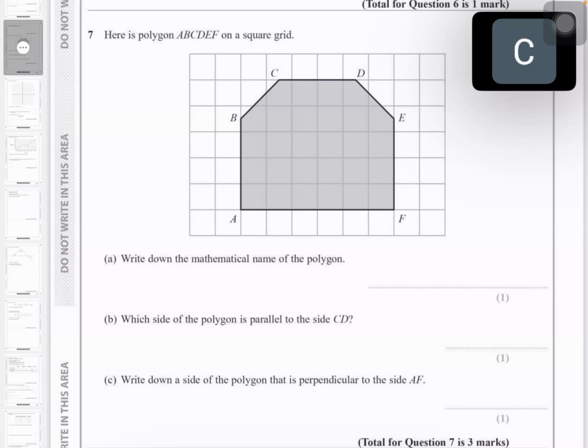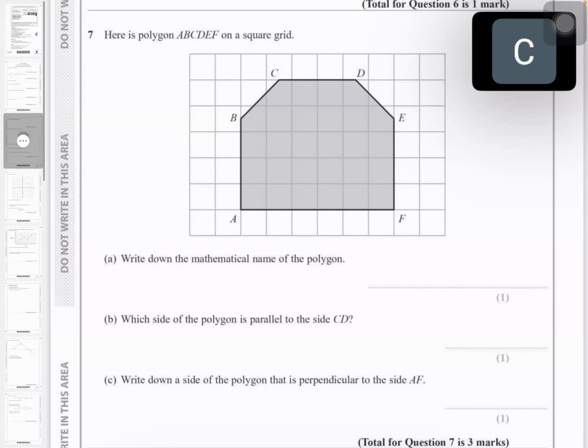Okay. Moving on. It says write down a side of the polygon that's perpendicular to the side AF. Perpendicular just means it's at 90 degrees, right? Are you familiar with the term perpendicular? Anytime you have a line at 90 degrees to another line, it's safe to say that both lines are perpendicular to each other.